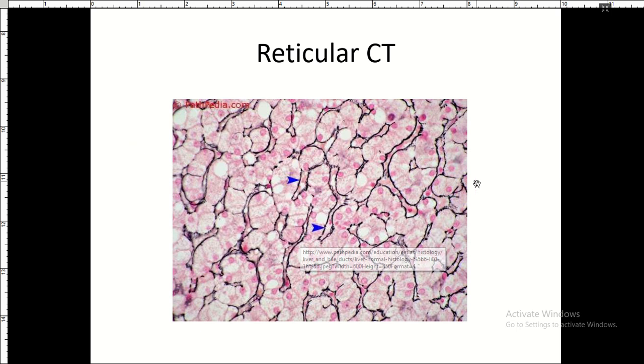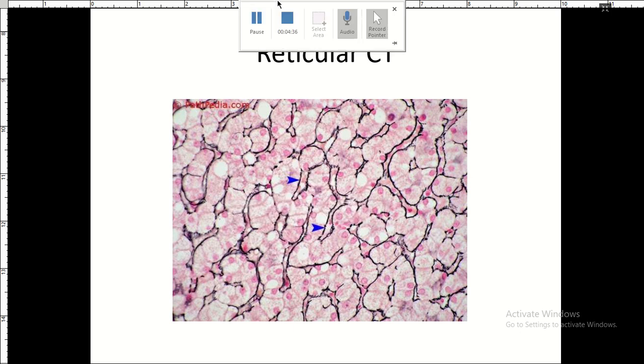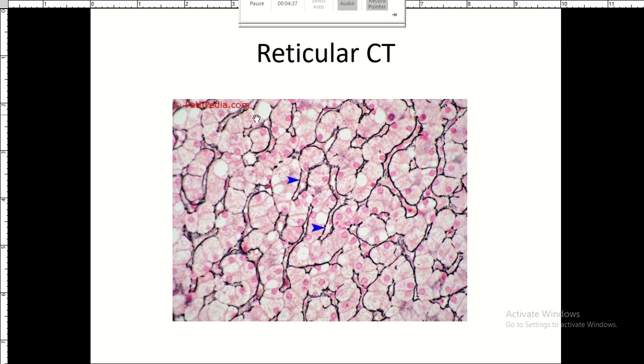So you can actually see the stroma of reticular connective tissue supporting your hepatic cells. So these are your hepatic cells that are being supported by this reticular connective tissue, right? You can actually see the reticular fibers, they are abundant here, right? So these are your reticular fibers.